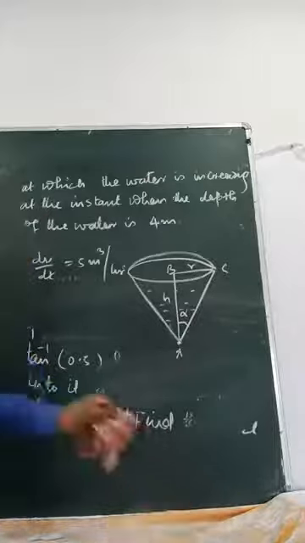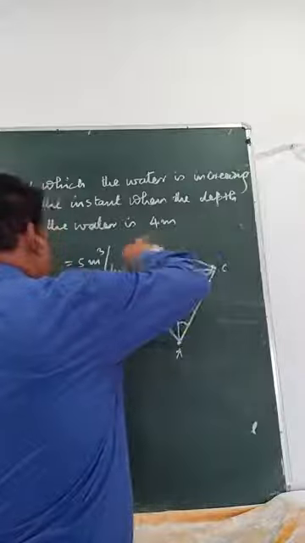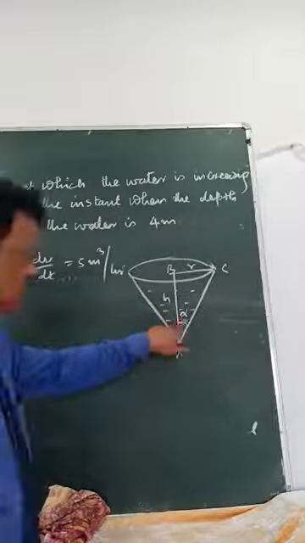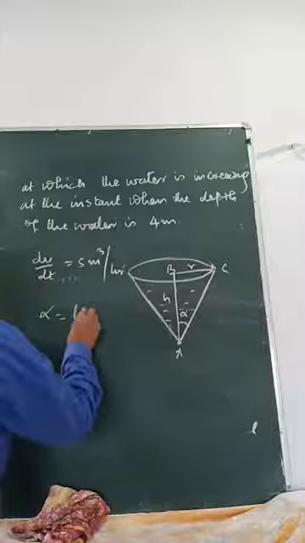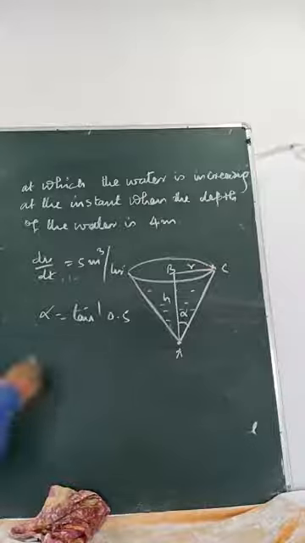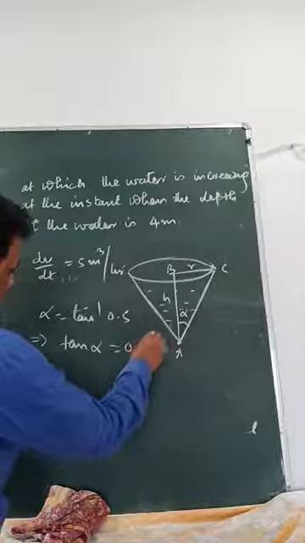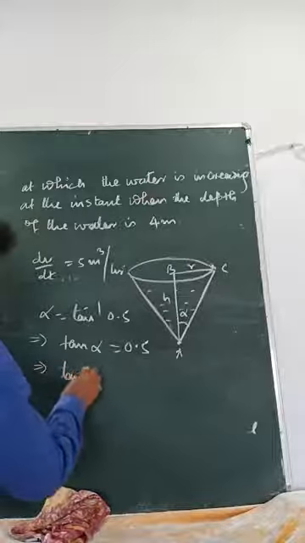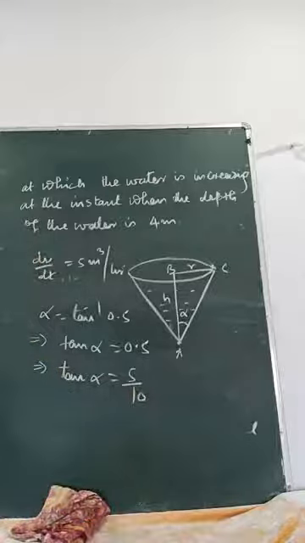So what you have to do? Also the semi-vertical angle alpha is given to us. Alpha is tan inverse 0.5, so I can find tan alpha equals 0.5, which implies tan alpha equals 5 by 10, means 1/2.